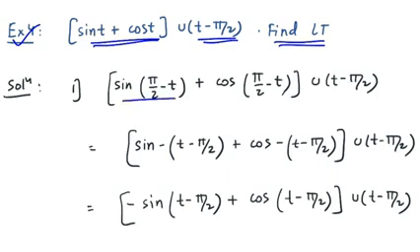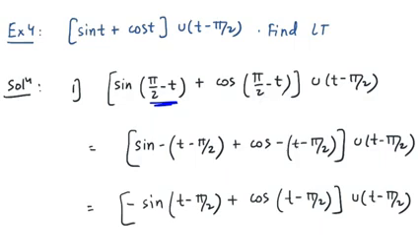Why? Because sine of pi by 2 minus theta is plus cos theta, and cos of pi by 2 minus theta is plus sine theta. So you are just manipulating the question once, right? You are writing sine t plus cos t as sine of pi by 2 minus t plus cos of pi by 2 minus t, because both are same. But if you look carefully, this bracket is pi by 2 minus t, right?